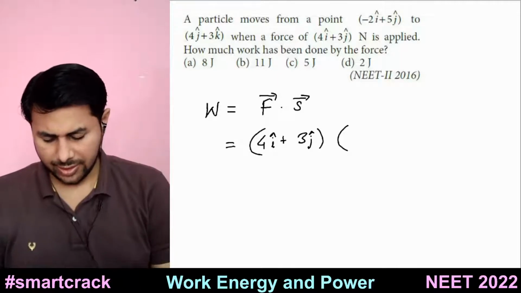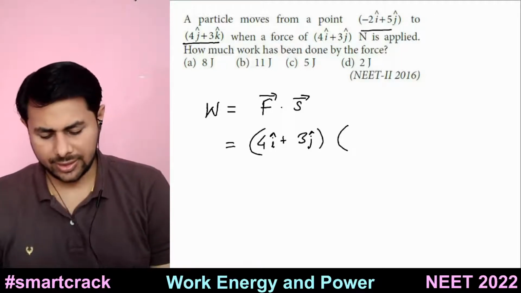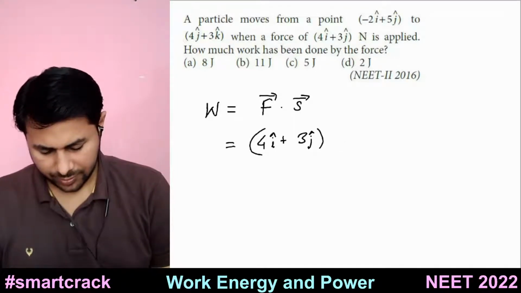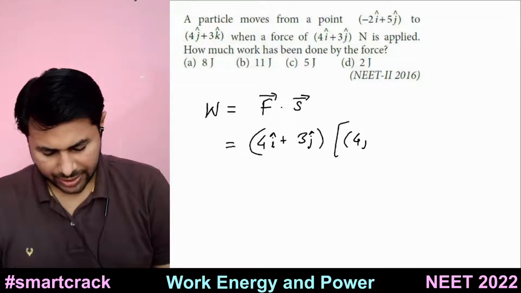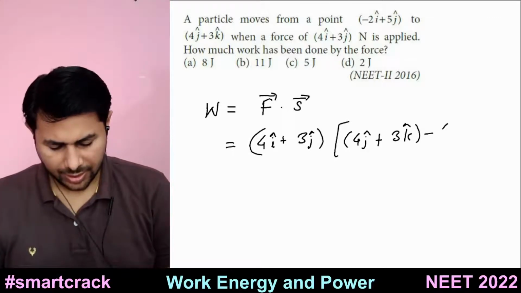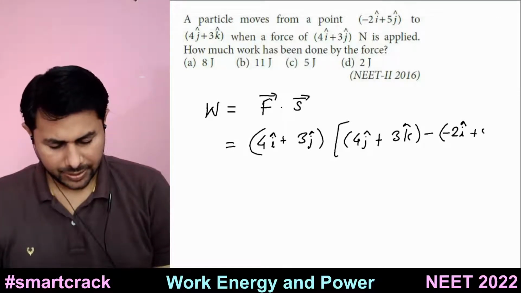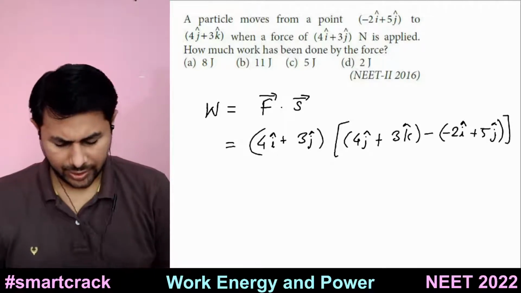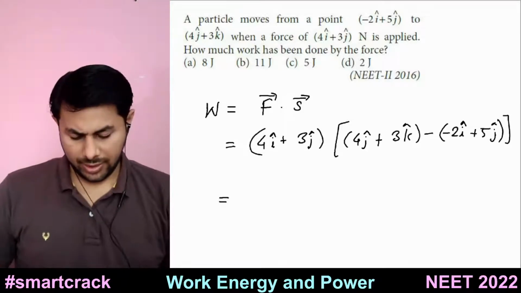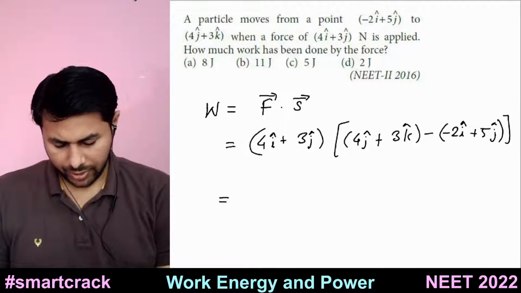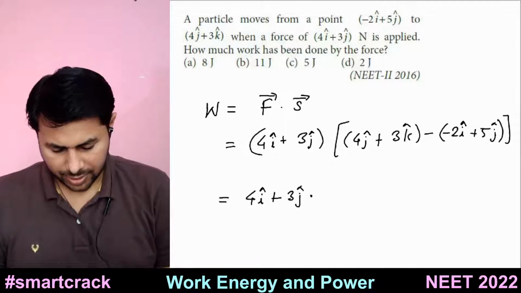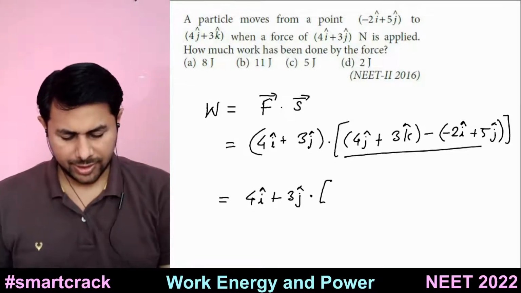What is displacement? It is final position vector minus initial position vector. So I will write displacement is final position vector 4j cap plus 3k cap minus initial position vector, which is minus 2i cap plus 5j cap. Okay, it is final position vector minus the initial position vector. Then I have 4i cap plus 3j cap, its dot product with the resultant of these two.